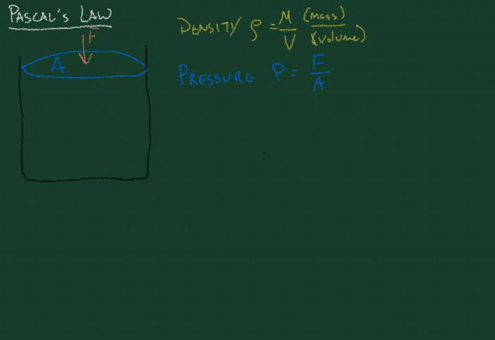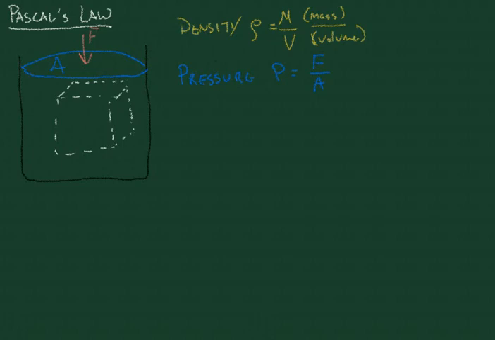Okay, so now let's look at an application of this. Let's say we look at some volume of the fluid in the container. In this case, we'll look at a cubic volume.